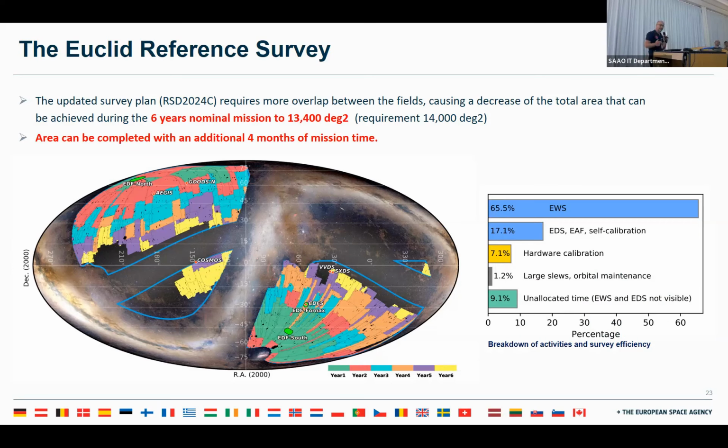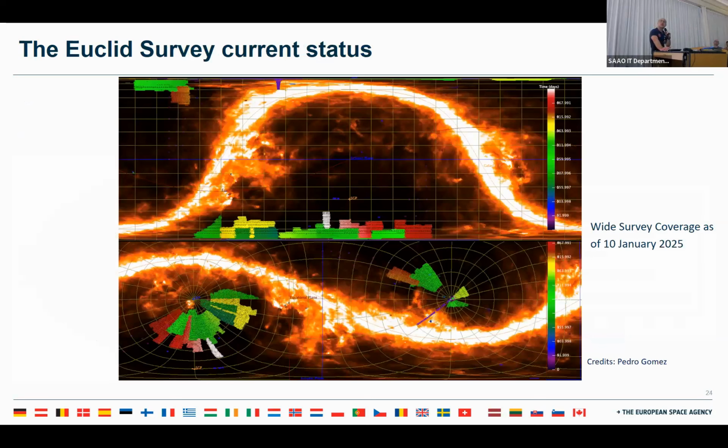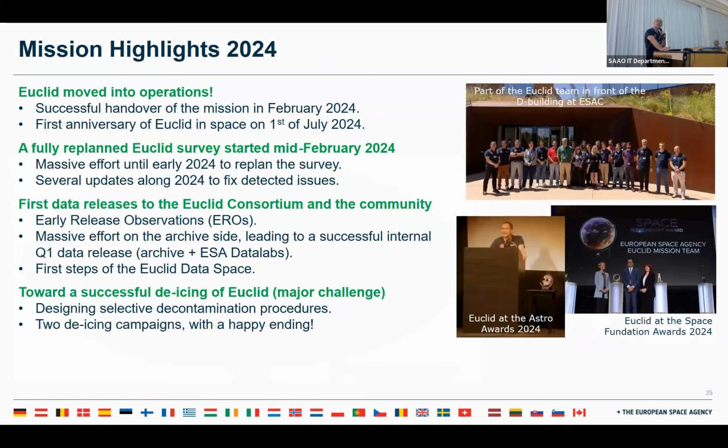And the impact of that is that we lose a little bit of mapping efficiency. But the survey covers almost, well, we need an additional 4 months of the mission to get up to the 14,000 as required coverage. And this is the survey status on the 10th of January. So these are the fields which have been observed already, and part of data release one.